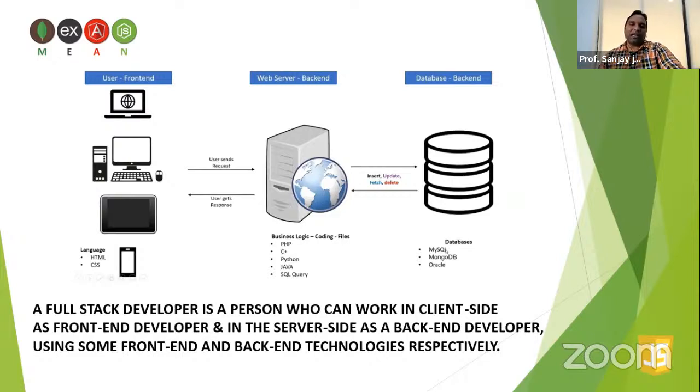Desktop applications are slowly becoming stale, and most organizations and most companies now are using applications that are on web servers. So websites and web applications have become more common.